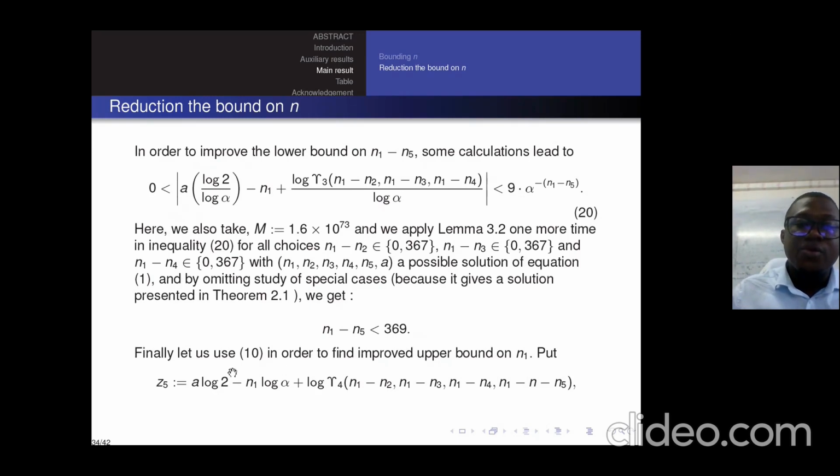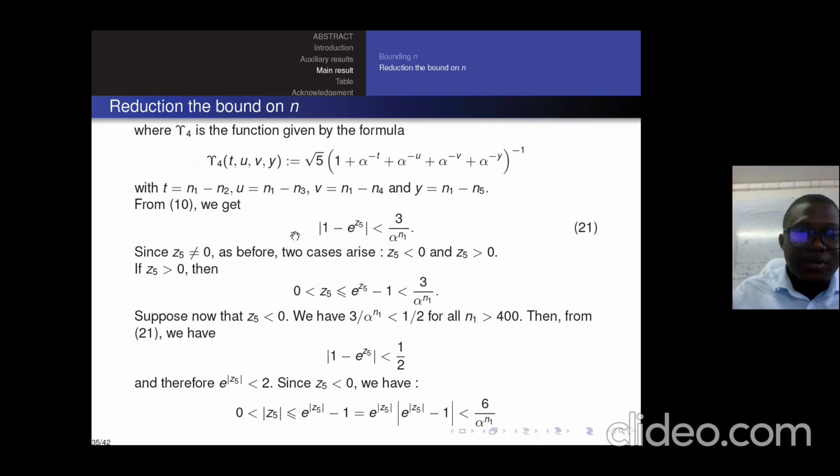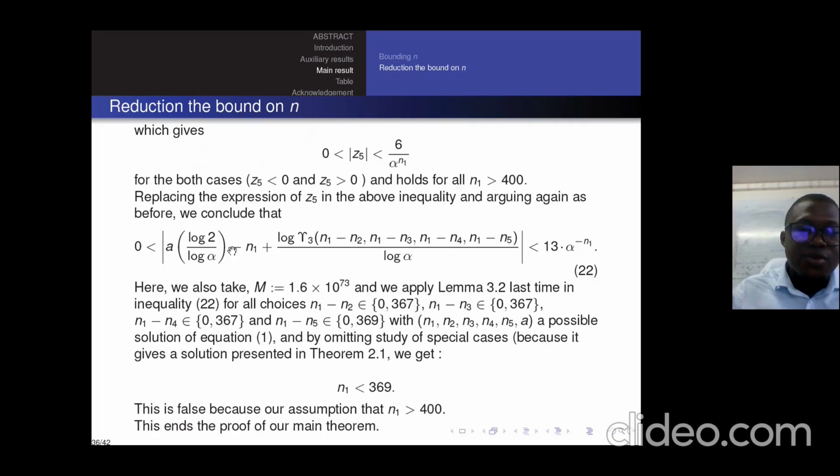And finally we will use 10 in order to improve the upper bound on n1, and we put z5 equal to this. We will do the same procedure, and finally we will get that n1 is less than 369, which is of course false, because our assumption is that n1 is greater than 400, and this ends the proof of our main theorem.